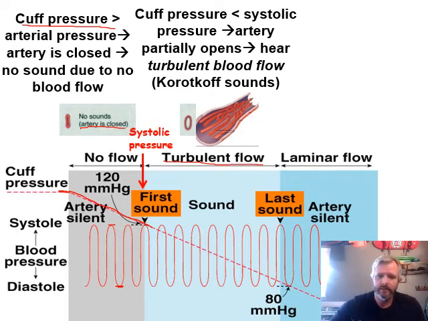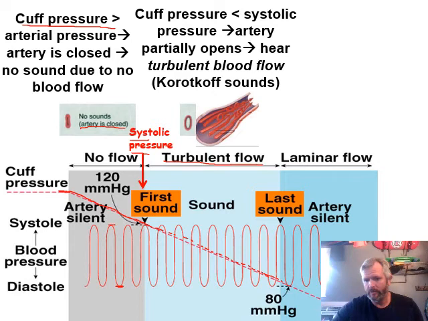So as you're continuing to release pressure all the way through here, the blood is turbulent, turbulent, turbulent. So you're hearing carotid cough sounds all through this. What you're listening for is the first sound, and the first sound is going to tell you, hey, that's systolic pressure.